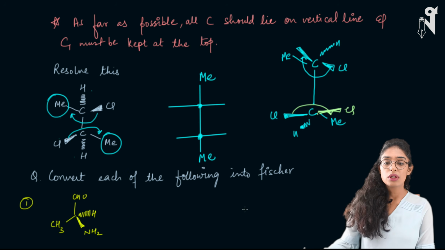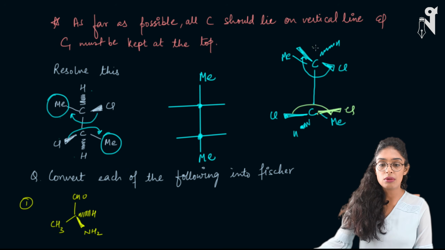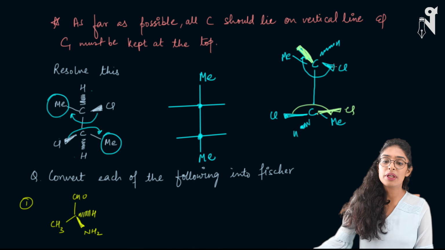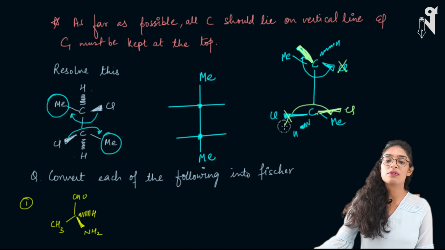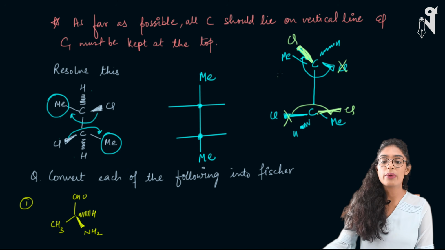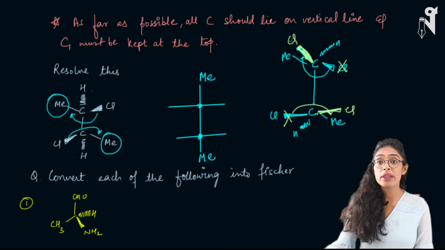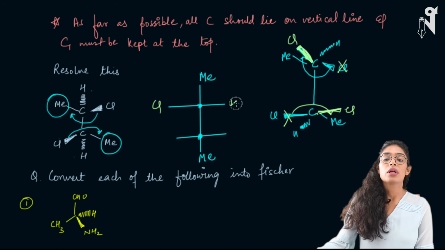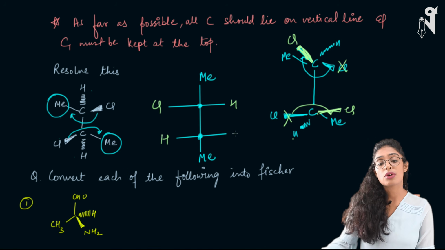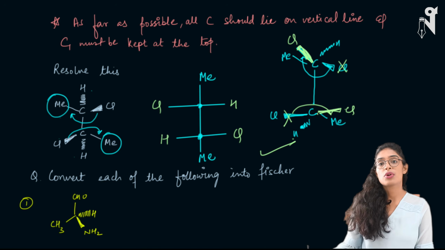Now look at the direction of the chlorine. Let me draw the new chlorine with a different color. We will ignore this part and see the directions according to this. Chlorine is coming on the left side. So I'll write chlorine over here and hydrogen here; on the other center, hydrogen is on the left and chlorine is on the right. So this is my Fischer projection.